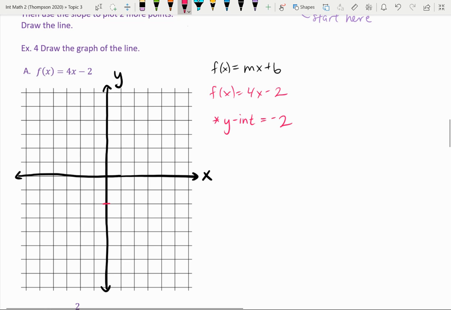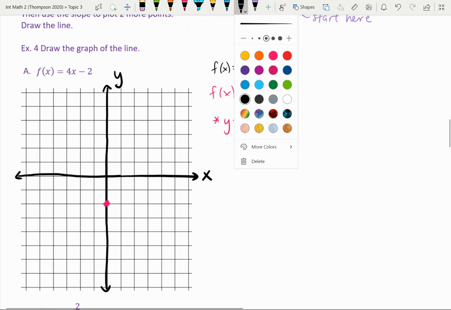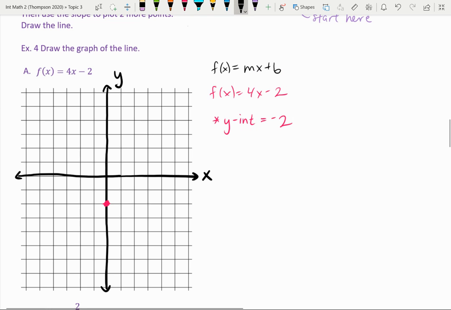Now, when I've got my xy plane here, I have to come up with what scale I'm going to use. And you've got flexibility here. You don't have to use the same one that I'm using. You can still be right and have a different scale. When I'm talking about numbers like 2 and 4, I feel like that's going to fit just fine if I count each box to equal 1. So the first box is 1, the second box is 2, 3, and then 4, 5, and then 6.